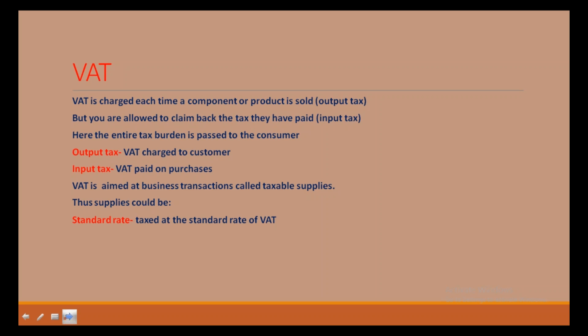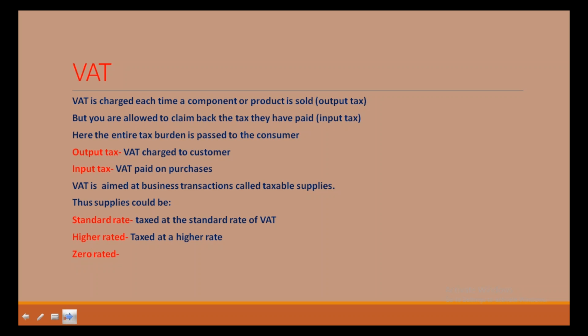Most restaurants and all that have 17.5%, which is a standard rate, which we have to pay. But then there are certain things taxed at a higher rate. Luxury products, like motor vehicles, can be taxed at a higher rate, 22.5%, 25%, that kind of thing. So normally you can have a standard rate, you can have a higher rate. Then you can have what we call a zero rate.